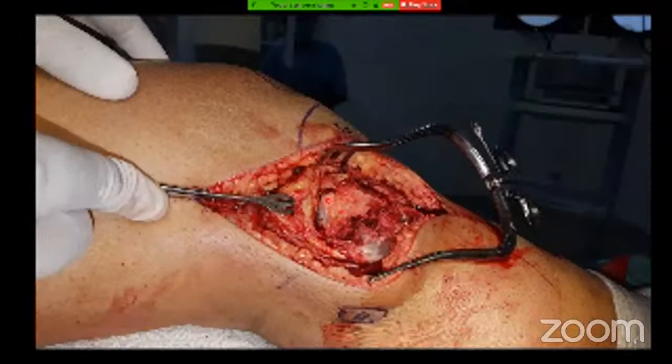Clearly you have to identify the fibular collateral ligament, which is from the head of the fibula, and once you see that, then you can reach the deep posterior area.